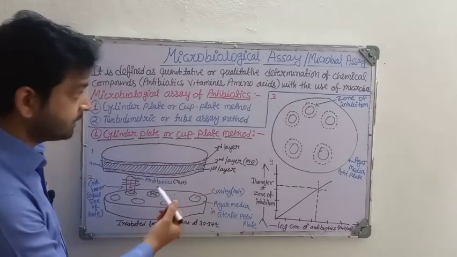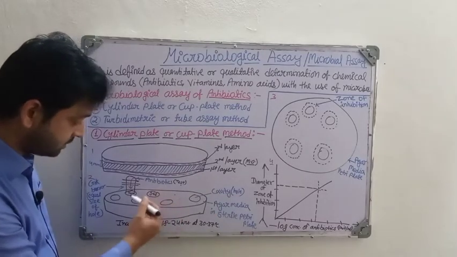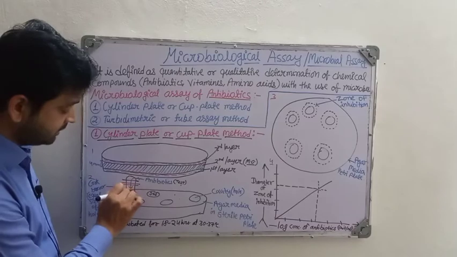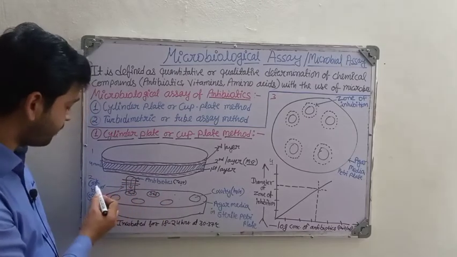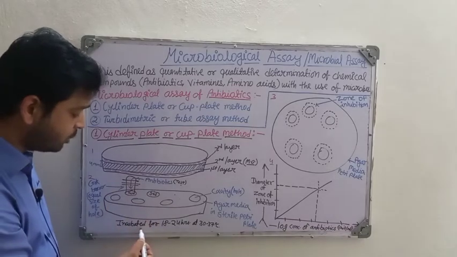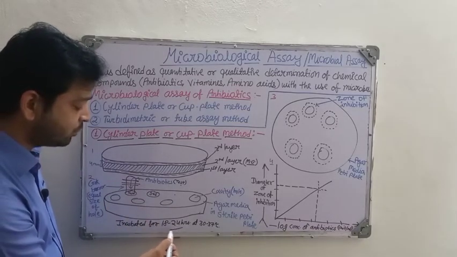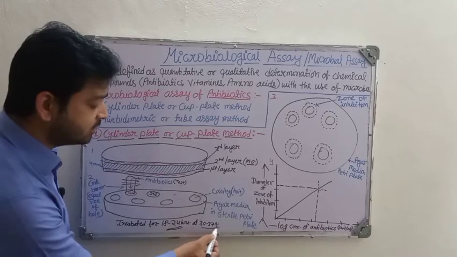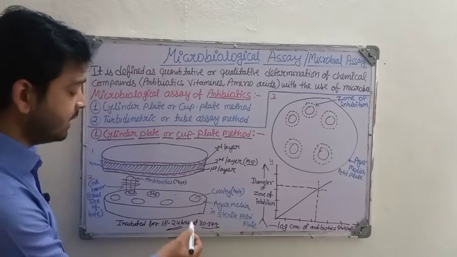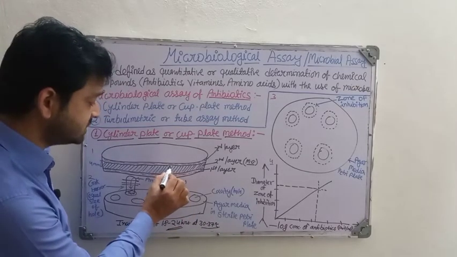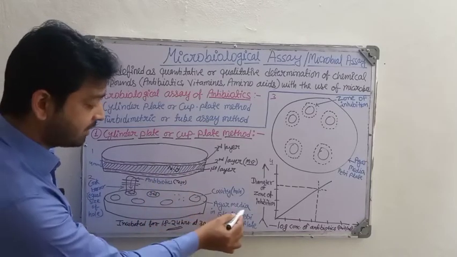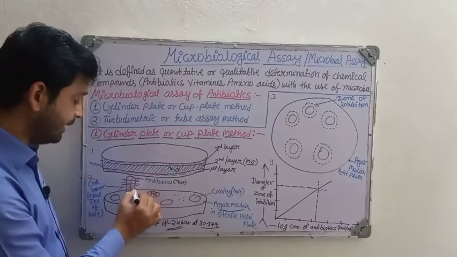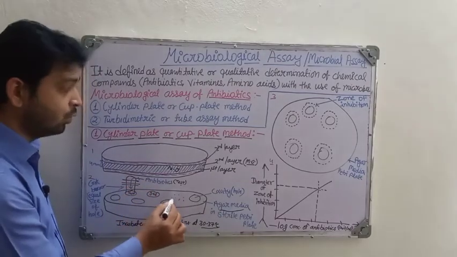After putting the test antibiotic and standard antibiotic into the holes made by the cork borer, we incubate the plate for 18 to 24 hours at 30 to 37 degrees centigrade. The microbes will start developing because of the presence of agar media, and we have also given the antibiotics into the holes.